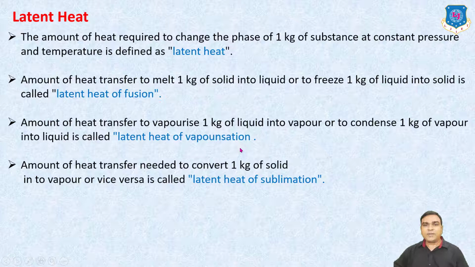The amount of heat transferred to vaporize 1 kg of liquid into vapor, or to condense 1 kg of vapor into liquid, is called latent heat of vaporization. The amount of heat transfer needed to convert 1 kg of solid into vapor or vice versa is called latent heat of sublimation. So you can see that latent heat is required to change the phase of the substance.